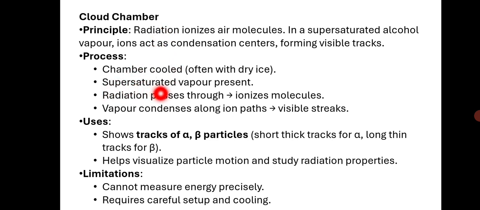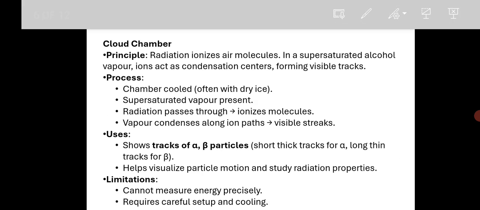Then the supersaturated vapor is introduced. As a result, radiation will pass through to ionize molecules. Then the vapor condenses along the ion paths, forming visible streaks or visible tracks. In the chamber, one should be able to see something like lines.